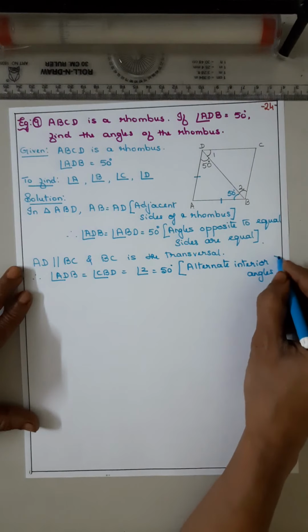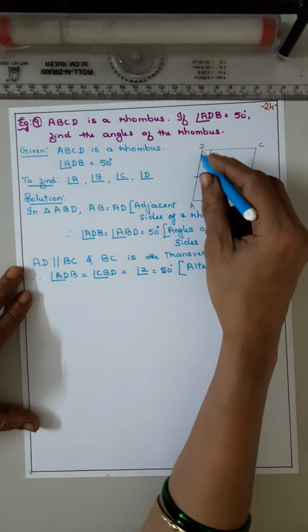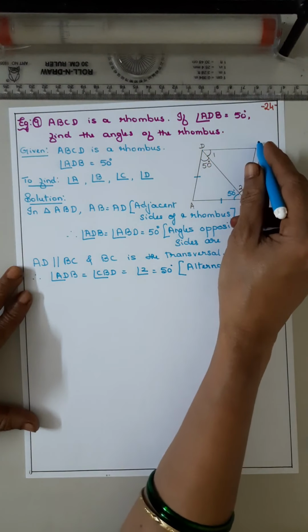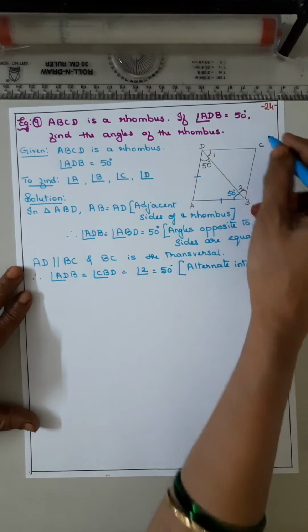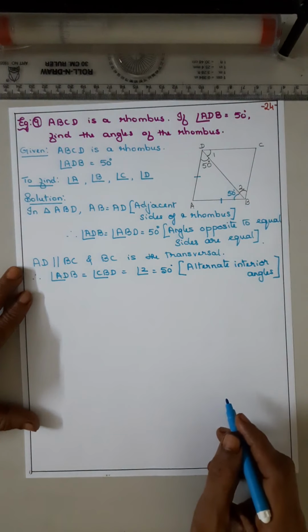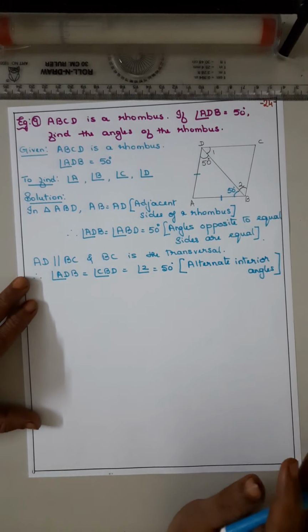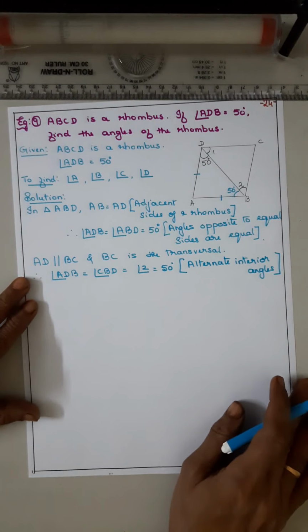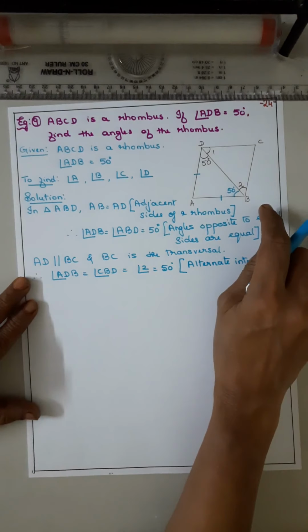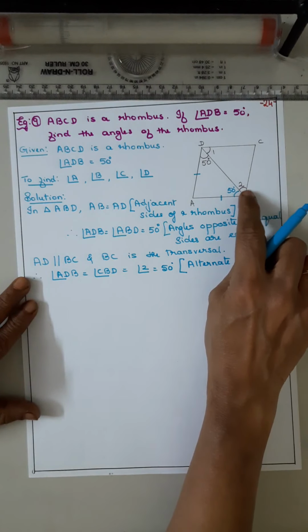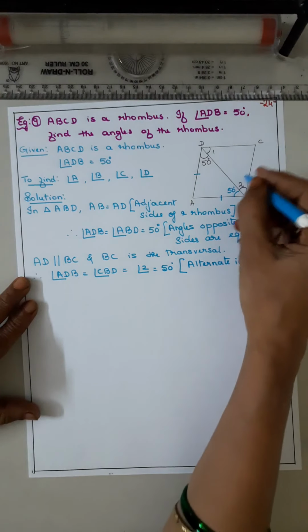Did it form a Z? AD, DB and BC, isn't it? It forms a Z. So, it is alternate interior angles, that is why they became equal. But already it is 50. So now this became 50.